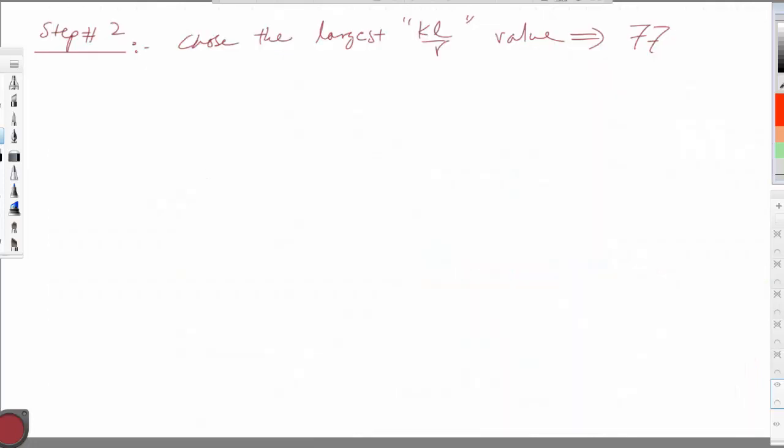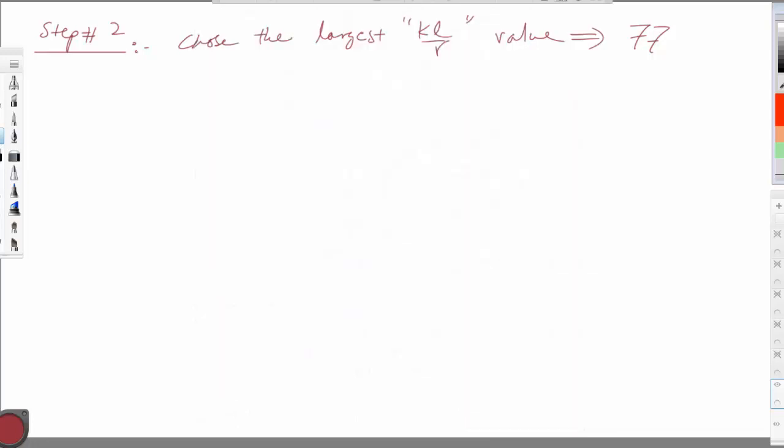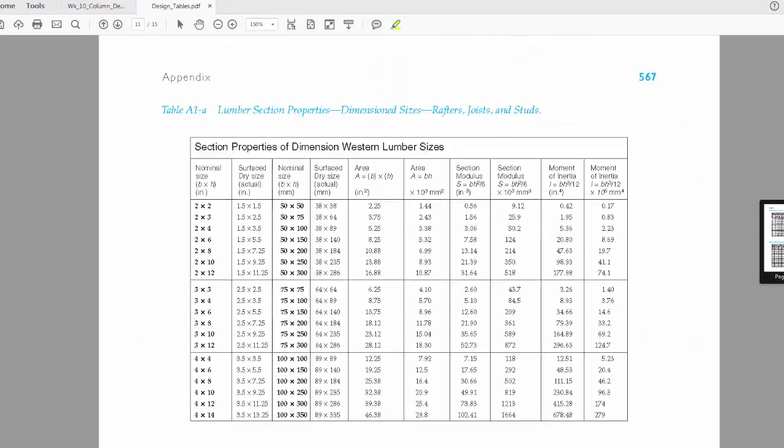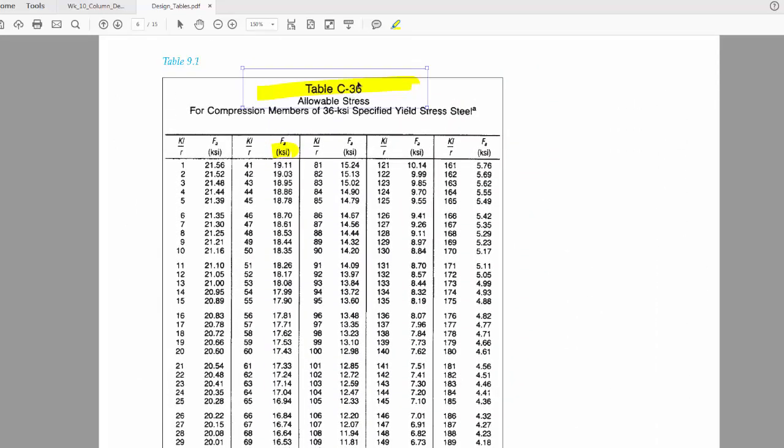From 77 we need to, let's go back again and see what is the strength, the quality of the steel. The quality of steel is 36, as you can see here. So we need to go and pick up a value from the tables. Because it says it is 36, so this will be C36, and 77 is the KL over R. The KL over R is 77, so look for 77.